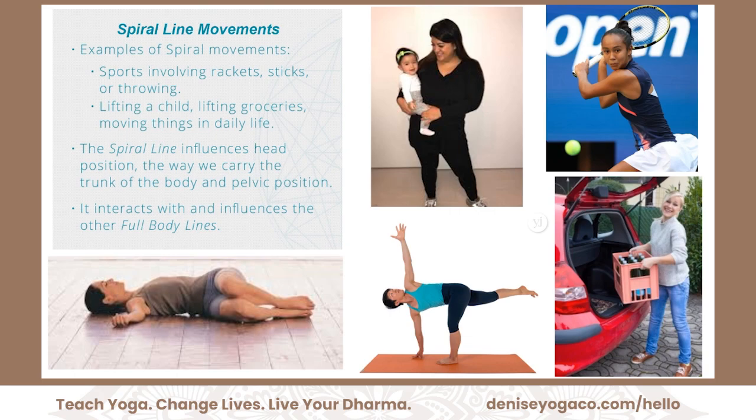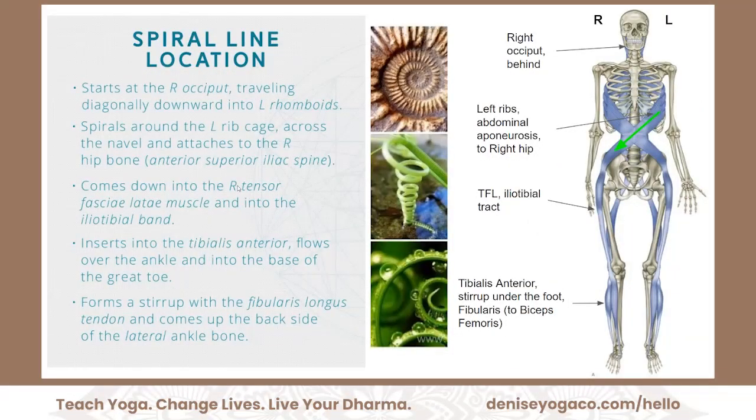So you're going to see that if you want to rotate to one side, and you look to one side, that's going to get the whole body to rotate to that side with greater ease. So we'll look at head position a little bit, and then it interacts and influences the other full body lines.